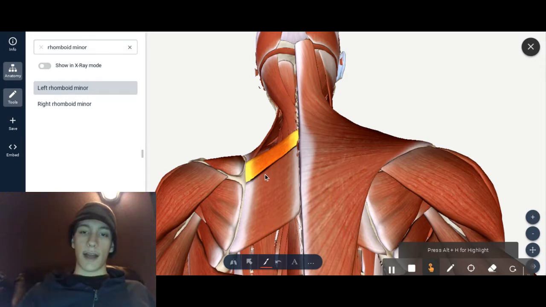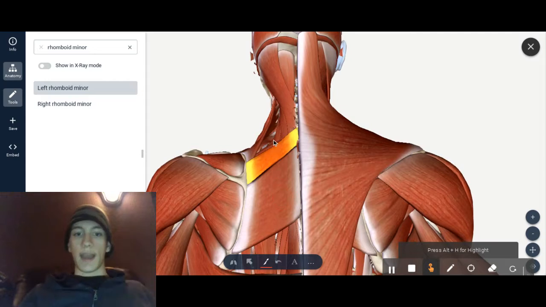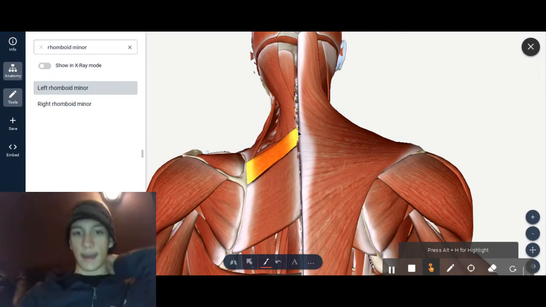The rhomboid minor is attached to the vertebral border of the scapula, and to the last cervical vertebra, the last vertebra in your neck, and the first vertebra in your rib cage, your thoracic vertebrae.